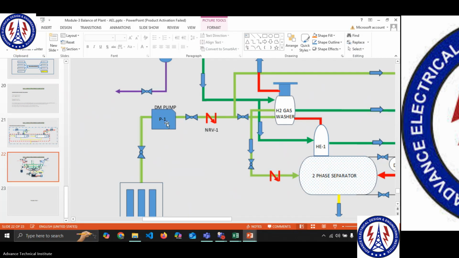The pressure generated here has to be higher than this, then only water will flow from this to this. Otherwise, flow won't happen. So you need to generate enough pressure difference, which is in our case 20 bar, because 0 to 20 bar.